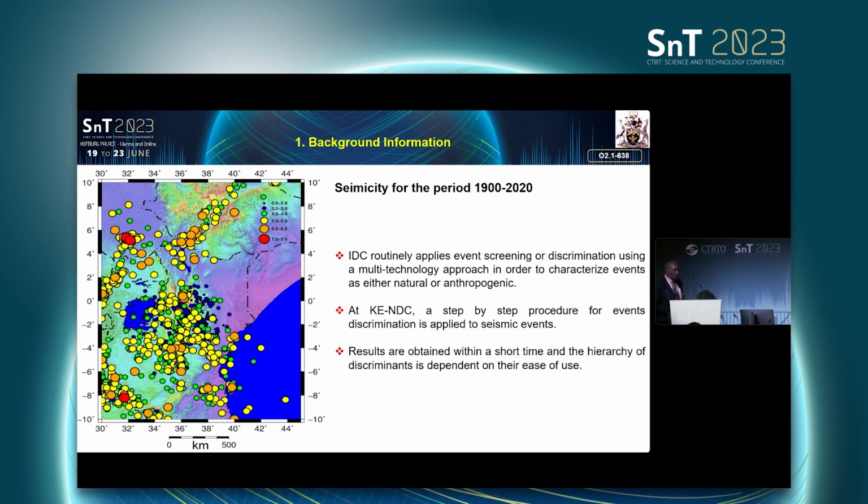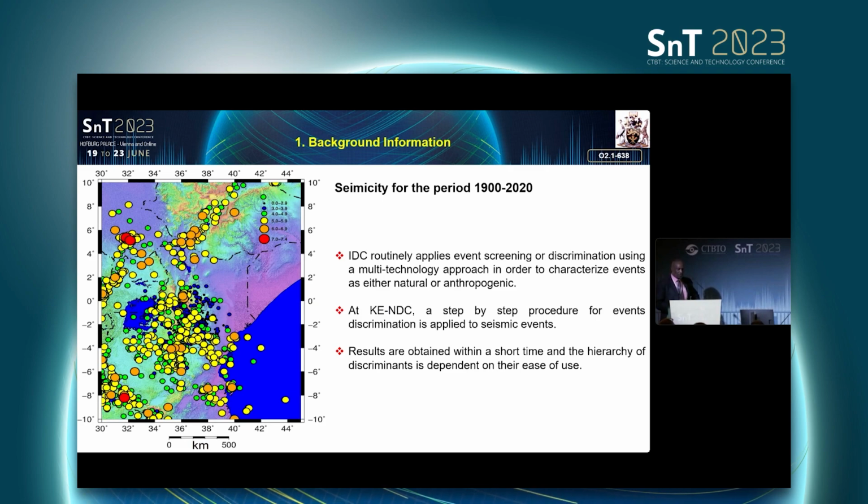At the IDC, they routinely apply event screening to discriminate events using more technology-driven approaches in order to characterize events. But at the Kenya NDC, we have adopted a step-by-step procedure for event discrimination, which we apply routinely.